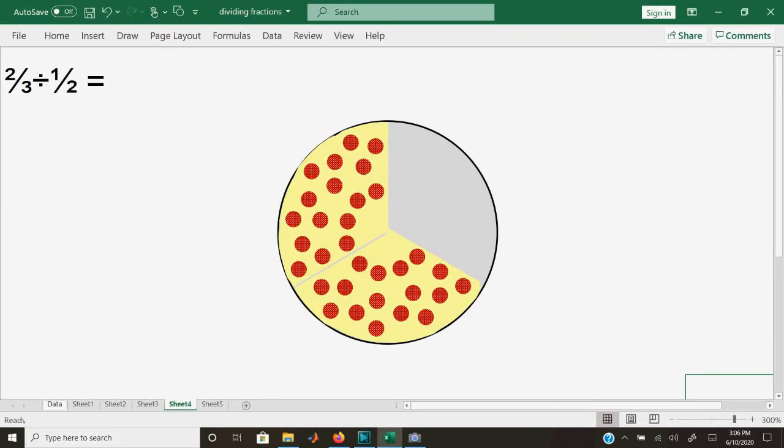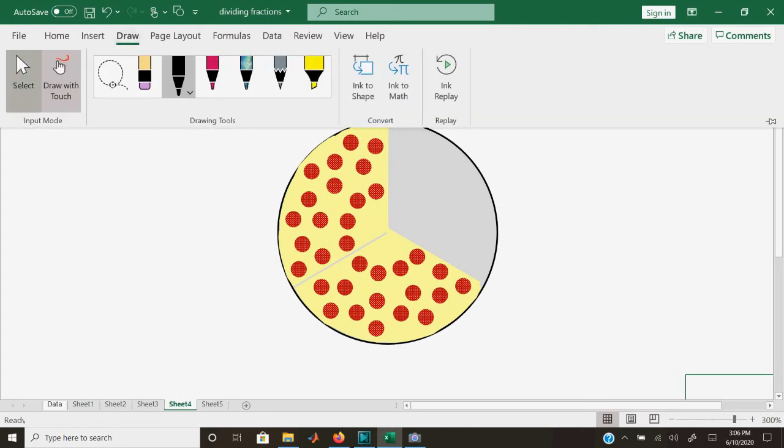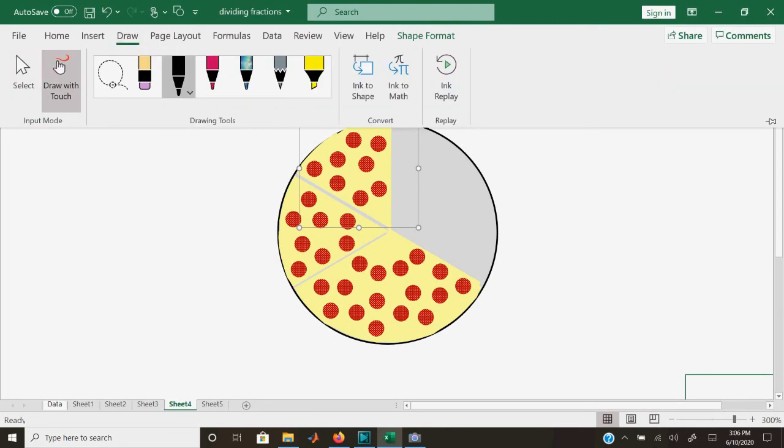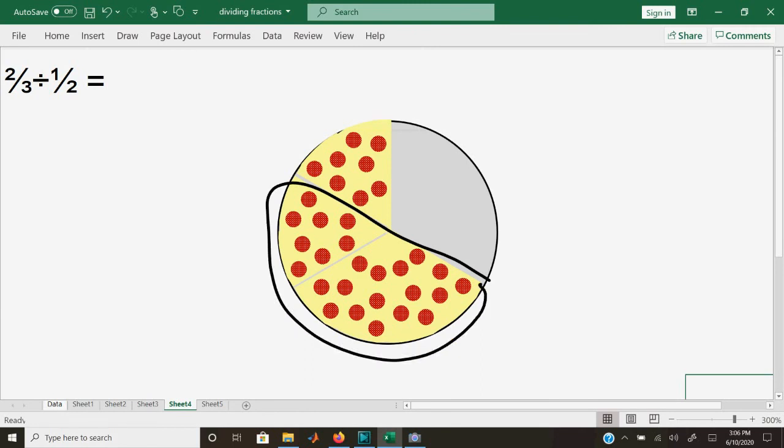If I look at that in terms of 2/3 now, divided by a half, how many halves are in 2/3? Once again, I have my 2/3. I need to break it up into sixths, and I can see that I have a half of a pizza. So I have 1/2.